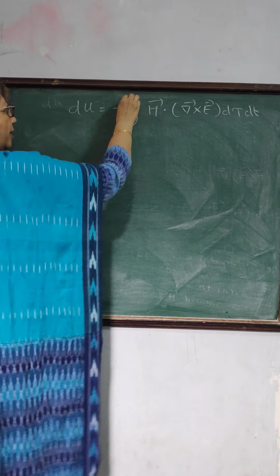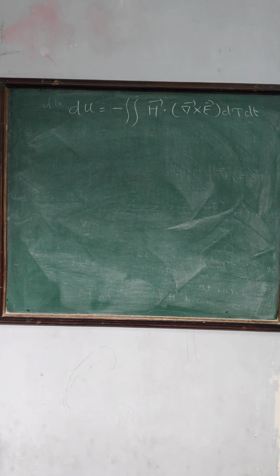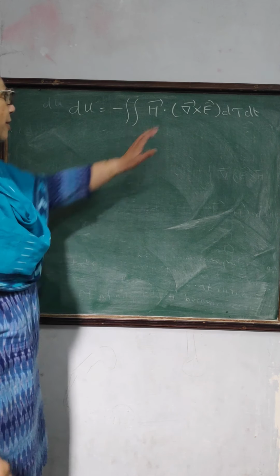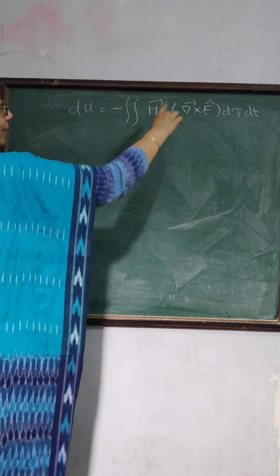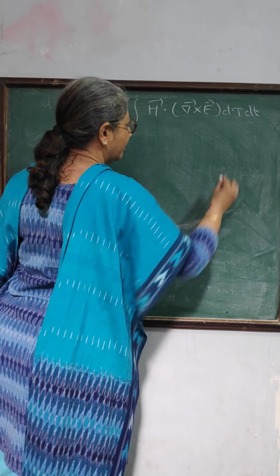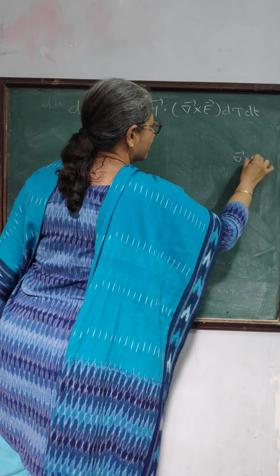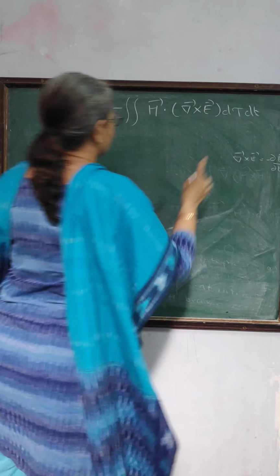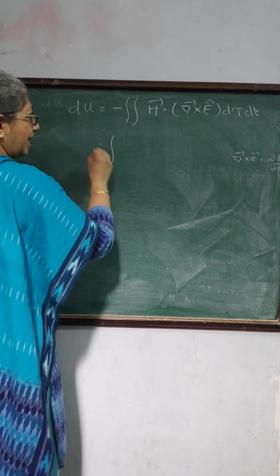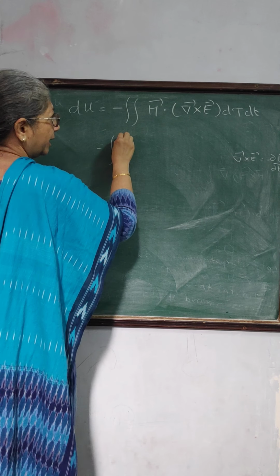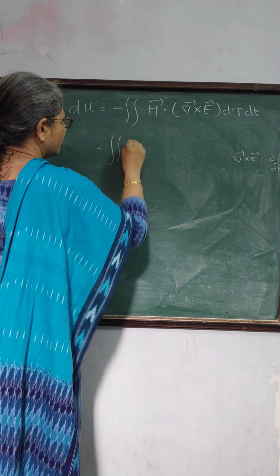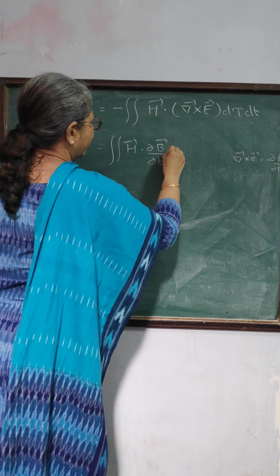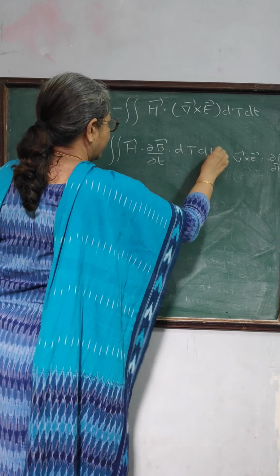Now again apply Faraday's law of induction, which says that del cross E is equal to minus del B by del t. Using this equation I can write this as the double integration of H dot del B by del t d tau dt.